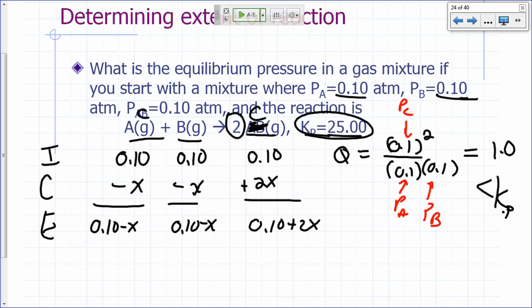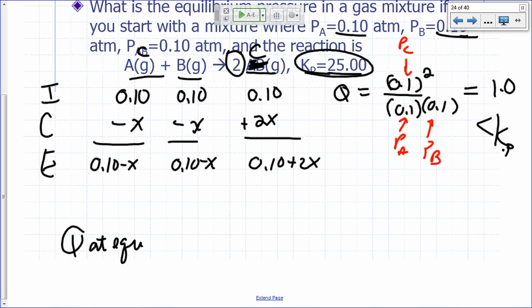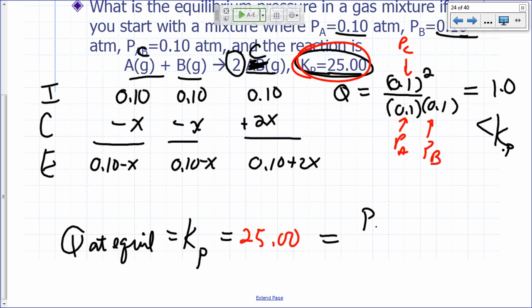So Q at equilibrium is Kp, and it's given as 25. And that's equal to pressure of C squared over pressure of A times pressure of B.